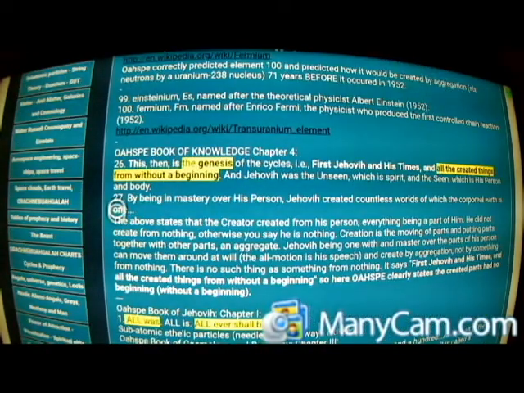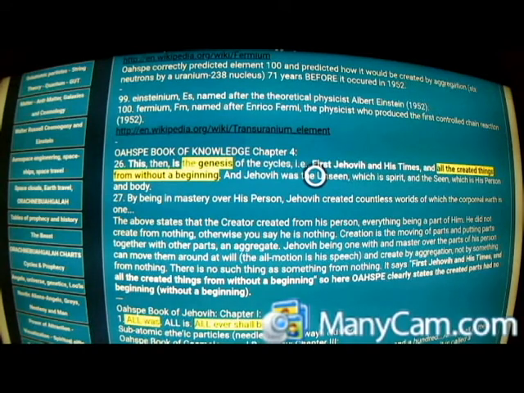Now, Oahspe, Book of Knowledge, chapter 4, verse 26. This then is the genesis of the cycles, i.e., first Jehovah and his times, and all created things from without a beginning. I'll repeat that again. First Jehovah and his times, and all created things from without a beginning.